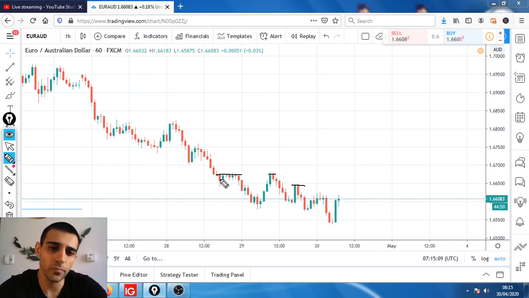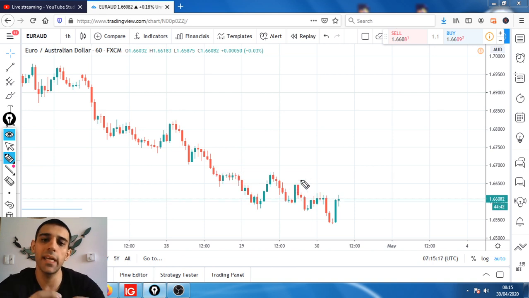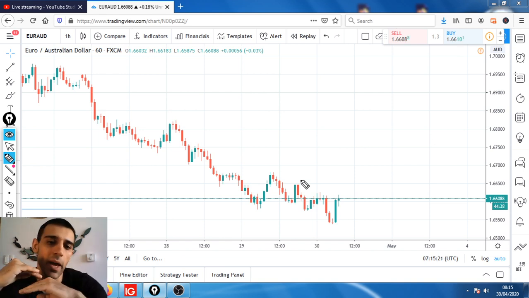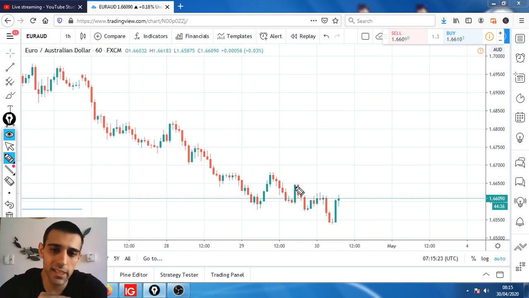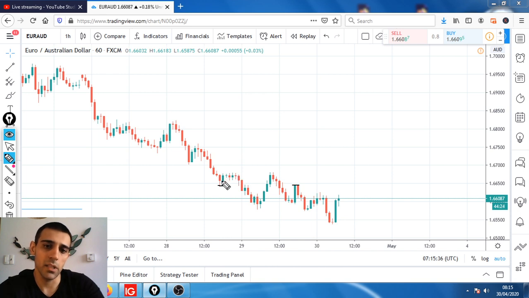That's why this classes as the stronger resistance. Once you have a few things coupled up in the same level, that makes it stronger. Here we have only this one, and we have this spike down here, but it's still not as strong as this, because we have loads of candles in here. So this is opens and closes, and that makes it stronger.